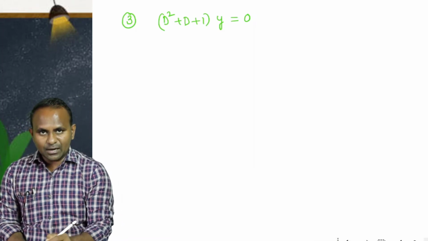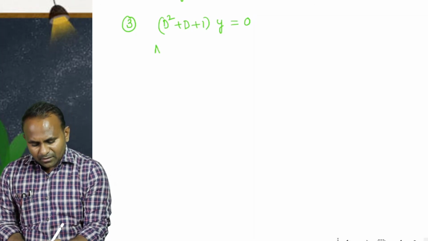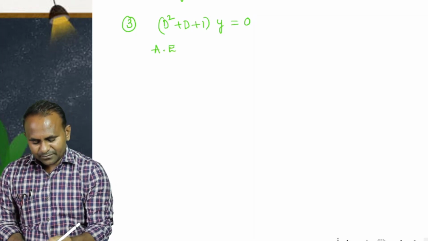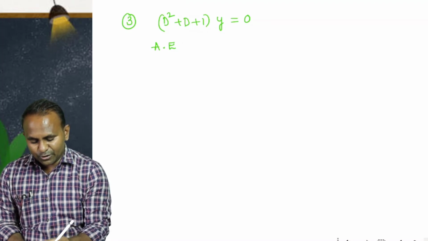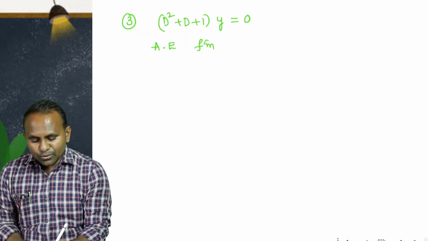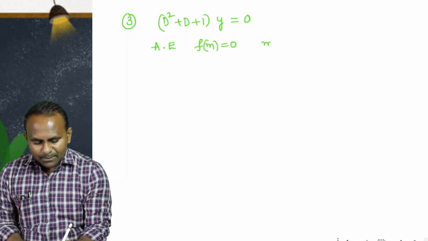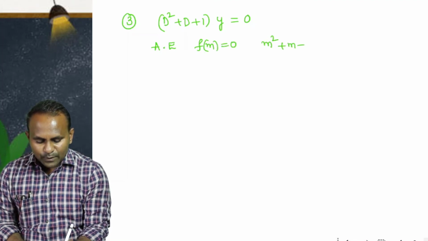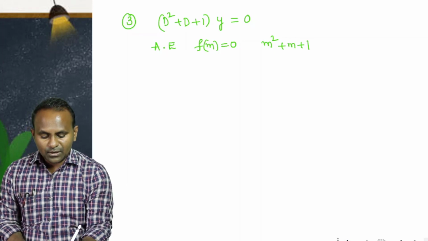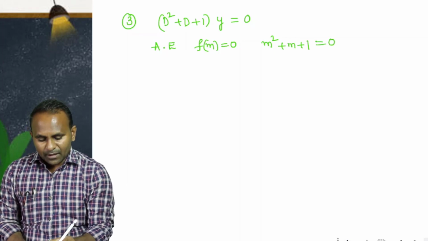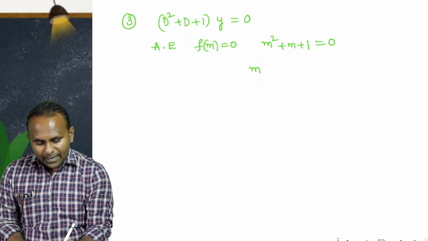Let me remind you of the formula also. Your auxiliary equation is m squared plus m plus 1 equals 0, and we write the roots of this equation in terms of m.